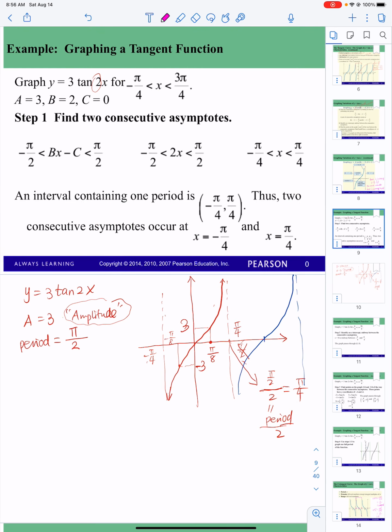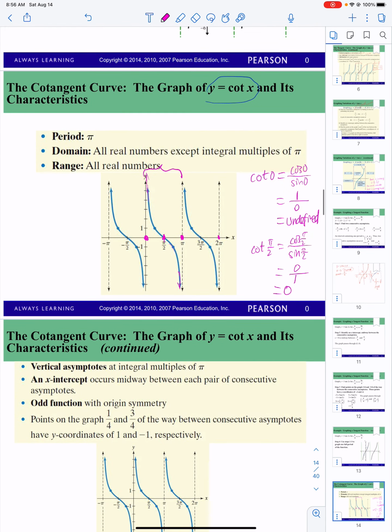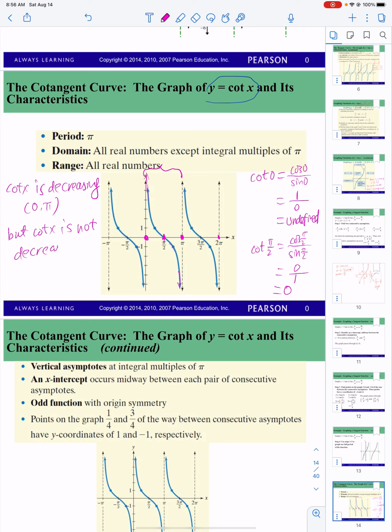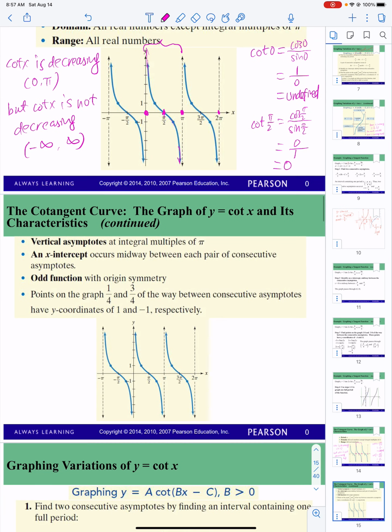So okay, this is what happens. We will see cotangent x is decreasing from 0 to pi, but cotangent x is not decreasing on the whole thing, negative infinity to infinity. Okay, you cannot say that.